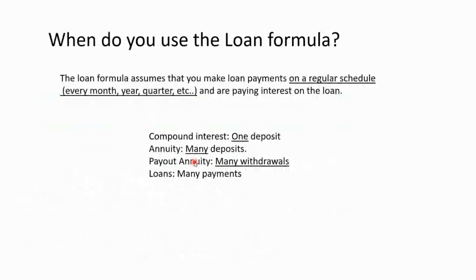All right. And now when you do the loan formula, here you're doing many payments, okay? That's what we're doing. This is compound interest from chapter 5. That's when there's only one deposit.